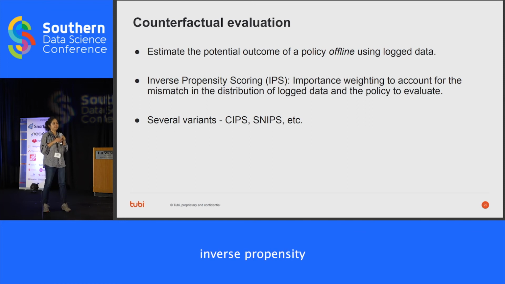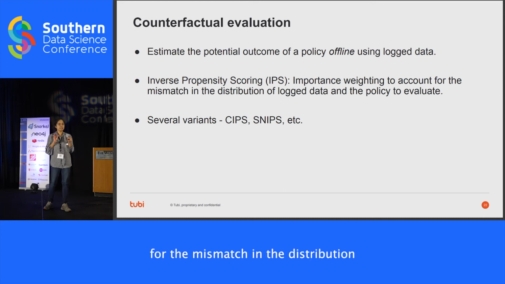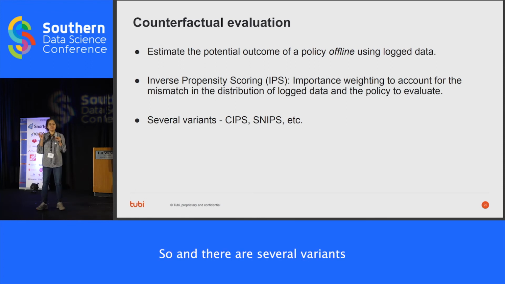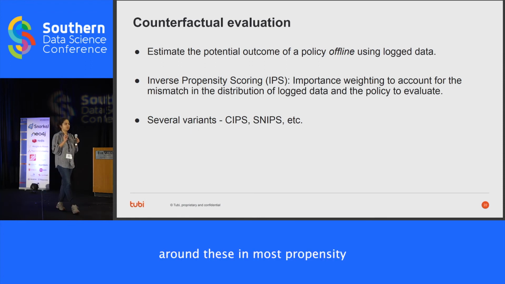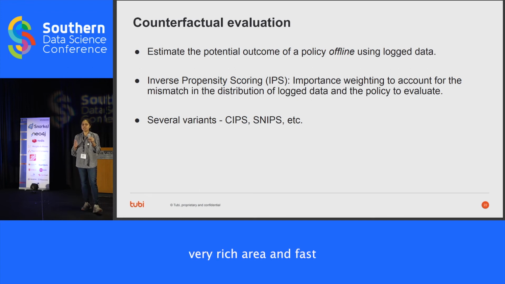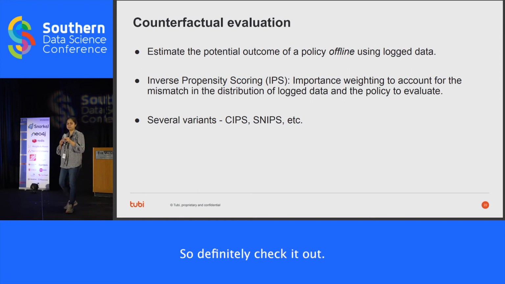The idea behind inverse propensity scoring is that you need to importance weight in order to account for the mismatch in the distribution between the log data and the policy or the algorithm that you want to evaluate. And there are several variants around these inverse propensity scoring schemes, like CIPS, SNIPS, etc. This is a very rich and fast growing area as well. So definitely check it out.